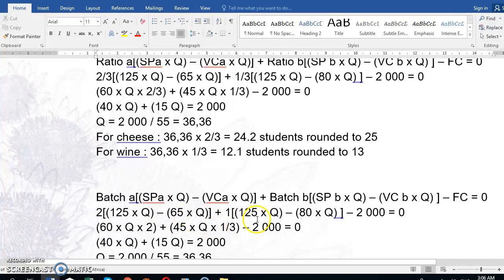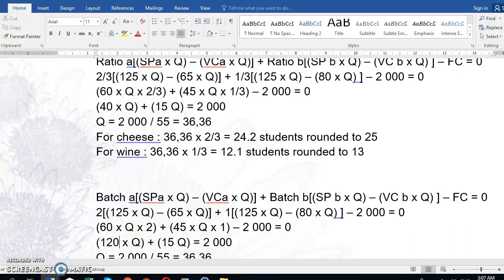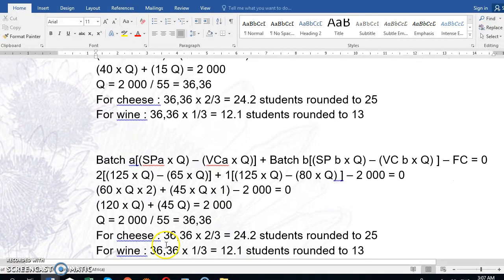Then 125 minus 80 is 45, and that gets multiplied by 1. So 60 times 2 is 120, and 45 times 1 is 45. Now we have 120 plus 45, which is 165.